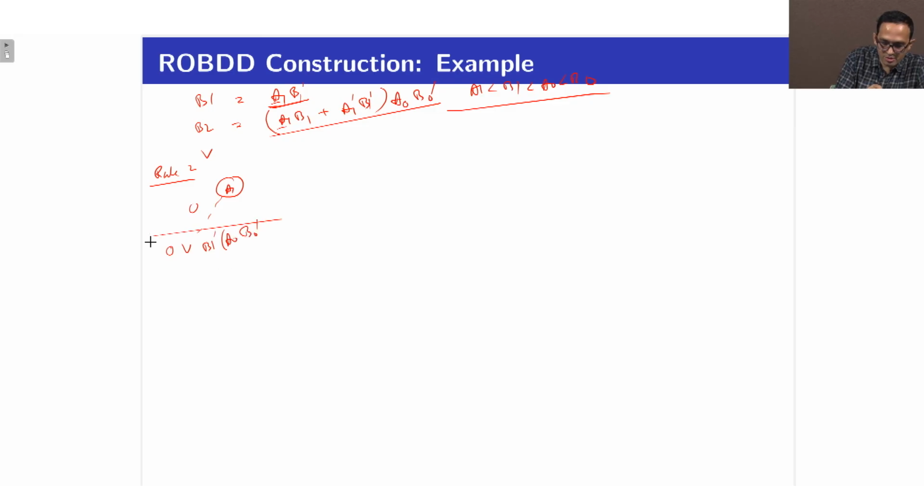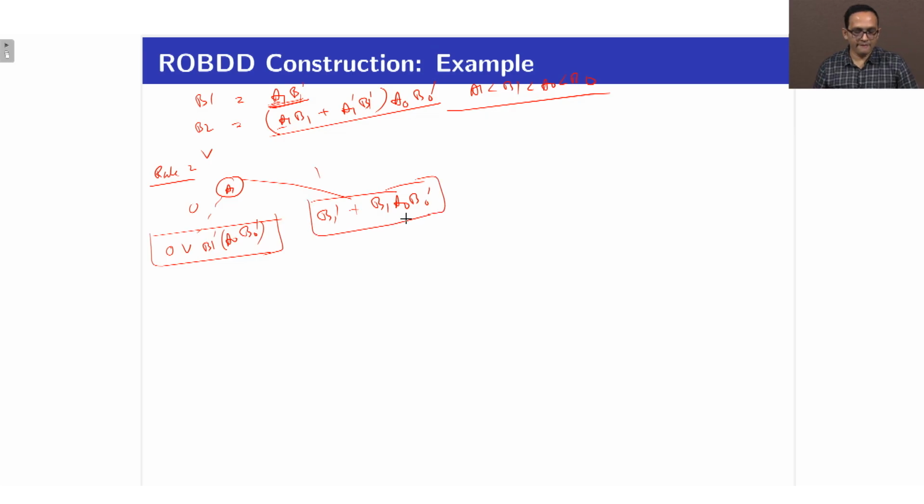So, this will be this part, and if you put a1 equal to 1, what will happen? I will restrict this with a1 equal to 1, which will be b1 dash, because if I put a1 equal to 1 here, this is b1, this is 0, so this is b1 a0 b0 dash.